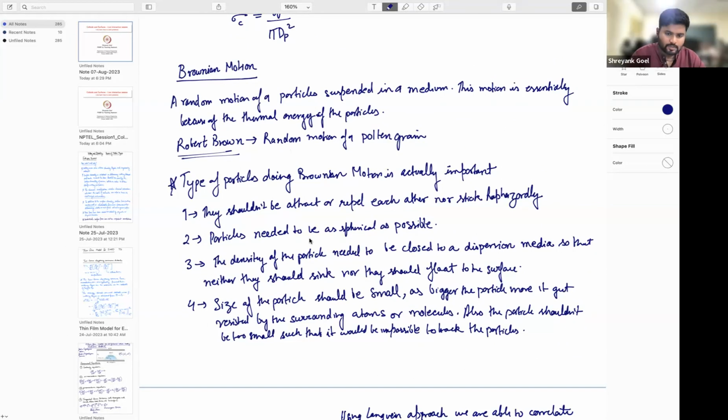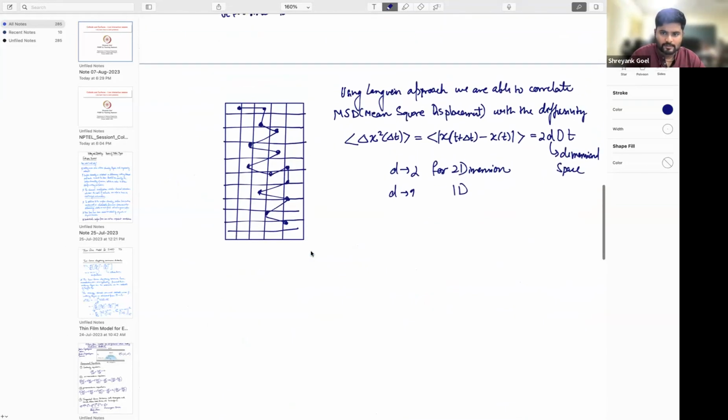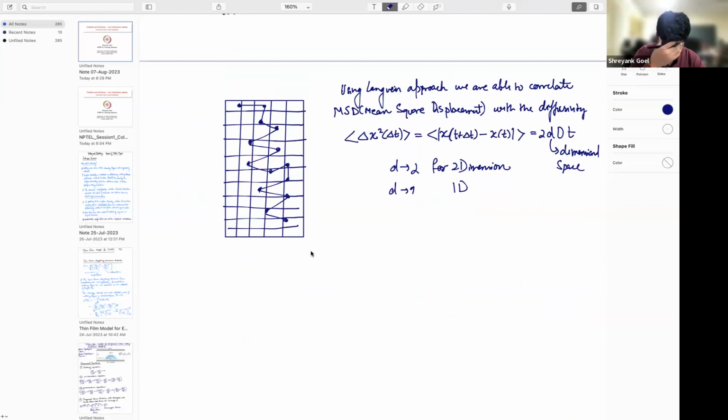So when we know the diffusivity, we are able to find out the Avogadro number. How can we correlate this diffusivity to find out the Avogadro number? That is the Stokes-Einstein relation.